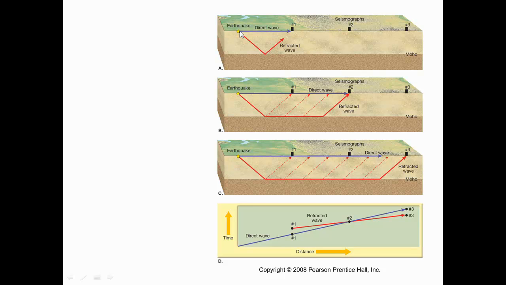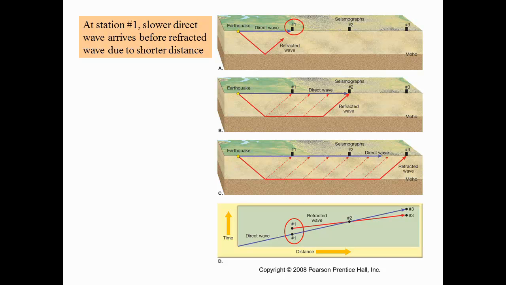One ray path represents what's called the direct wave, which will go strictly from the source to the seismograph instrument. And we're also going to follow a second ray path, that of a refracted wave that passes deeper into the crust and actually encounters the boundary between the crust and the upper mantle.